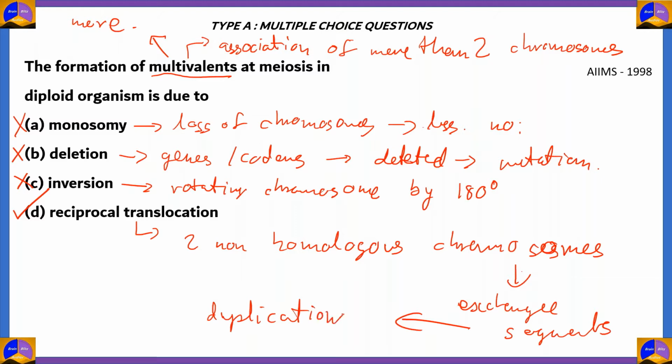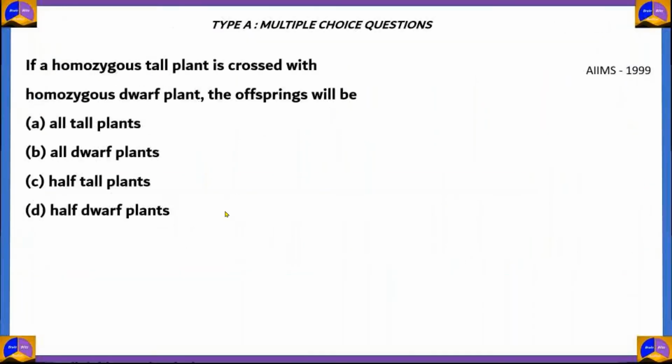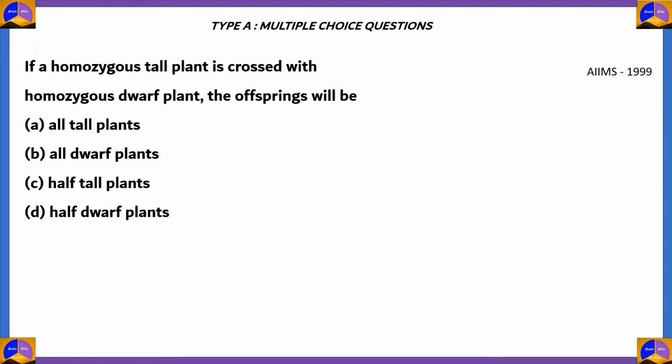So therefore, there is an increase in the number of chromosomes. So option D, reciprocal translocation, is right. Let's look at our next question.